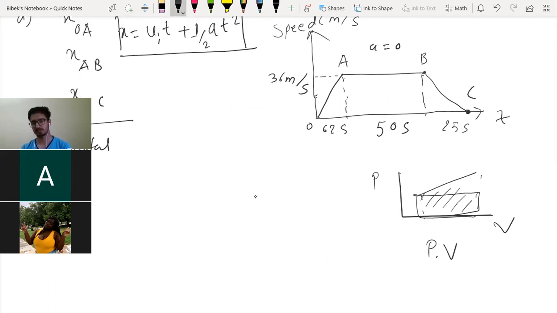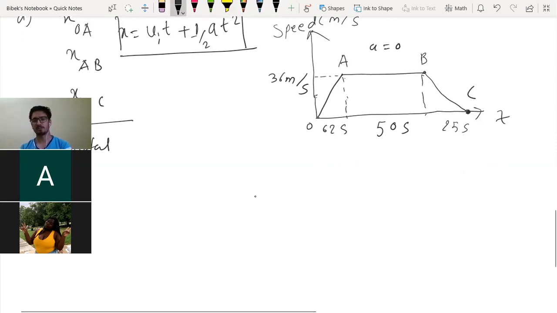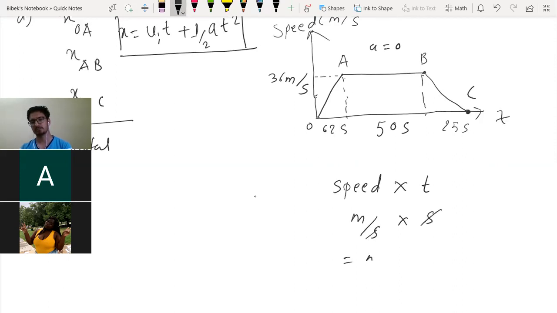You don't need to know this, it's from thermodynamics. So if you take the area under the curve here, you're just finding the distance, because area is the product of two lengths, right? You are multiplying speed with time, the unit of speed is meters per second and the unit of time is seconds. So you can see that we will get a distance. We will get the total distance if we find the area under the curve.